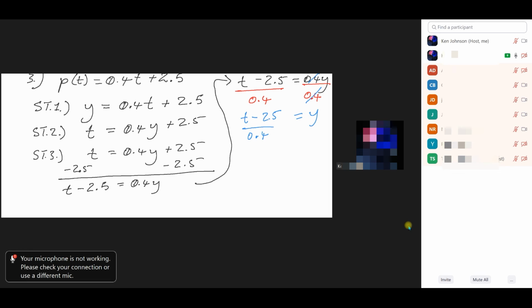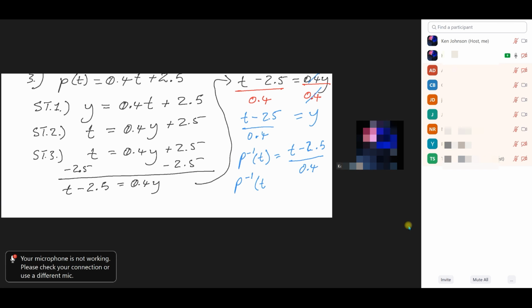But before I fix that, I'm going to write my P inverse first. So I'm going to write P inverse of t is equal to t minus 2.5 over 0.4.